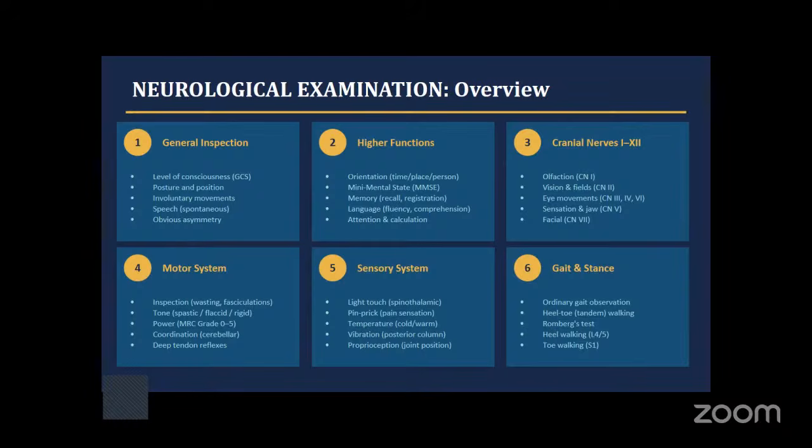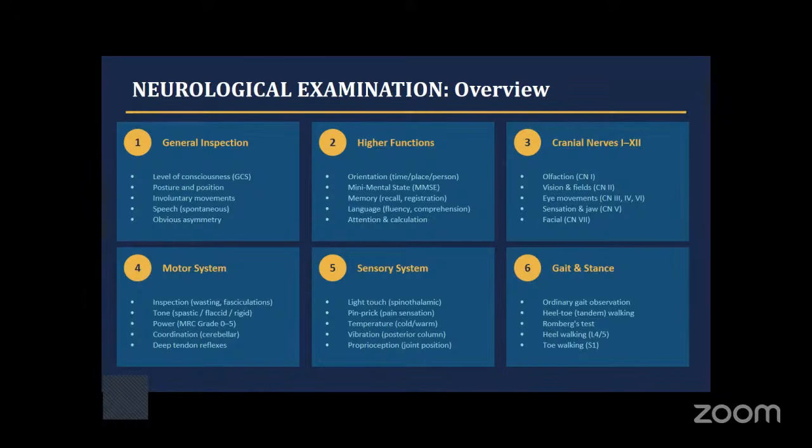For motor exam, aside from inspection, we'll do an assessment of tone, power, coordination, reflexes, and look for fasciculation and changes in bulk. Sensory exam, we will assess all components, including light touch, pinprick for pain, temperature, vibration, and proprioception.